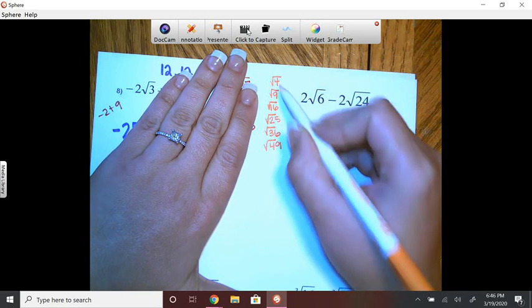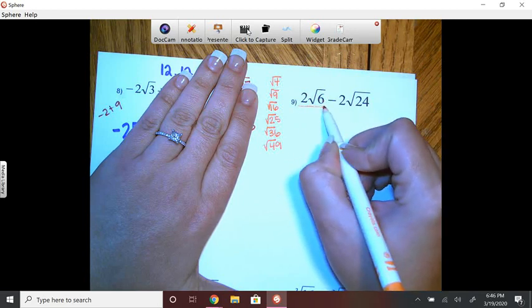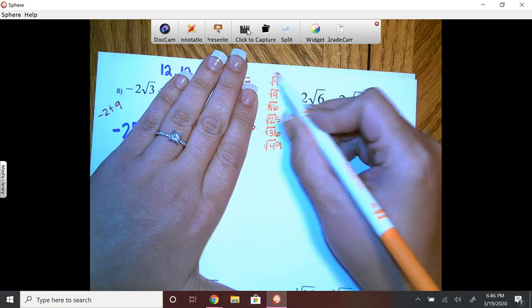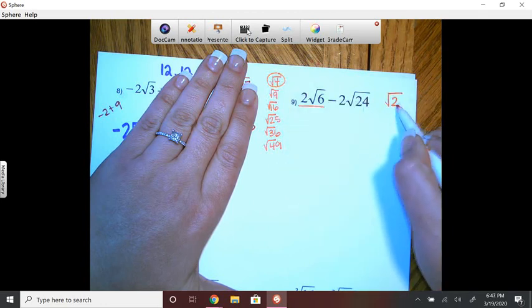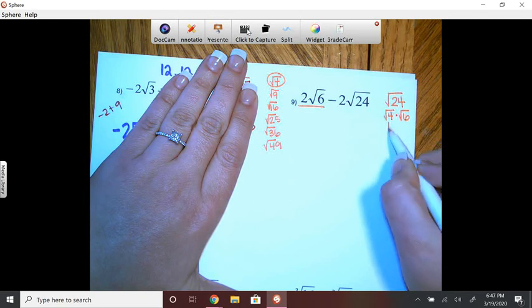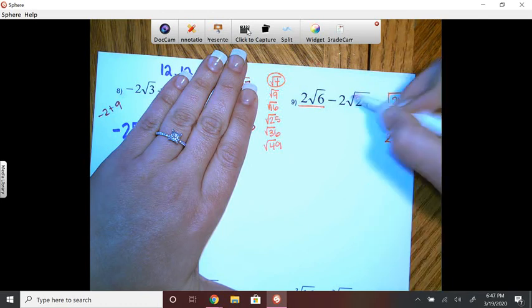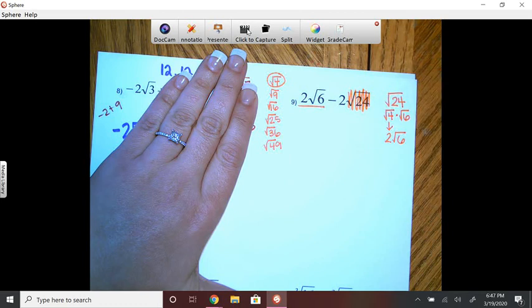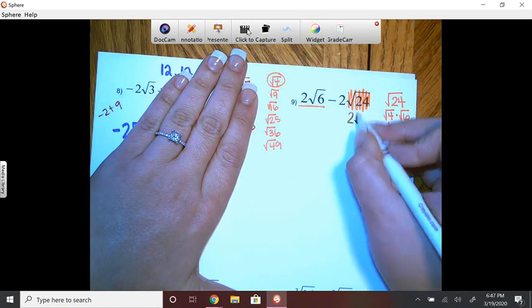So since none of these numbers can go into 6, this is already simplified. But since 4 can go into 24, we can simplify the square root of 24 as square root of 4 times square root of 6, and the square root of 4 is 2. So that means we can take square root of 24 out, and we can replace it with 2 rad 6.